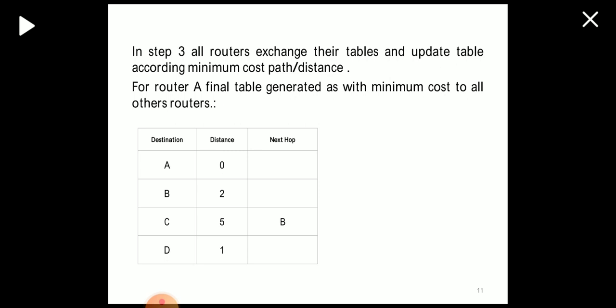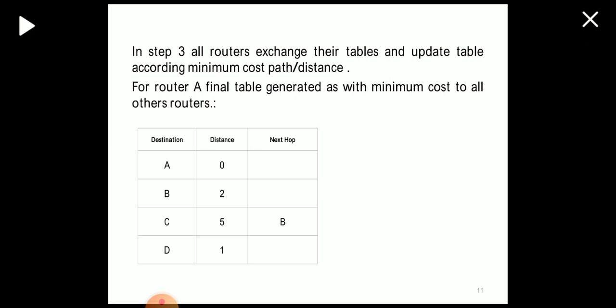Now, in the last step, the final table we maintain, in which all routers have the knowledge of all other tables for the router. Now, the final table generated for all routers is given below.